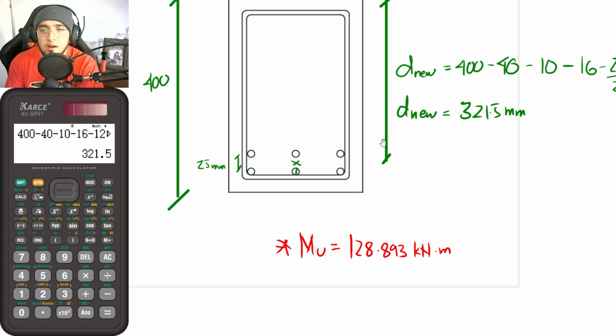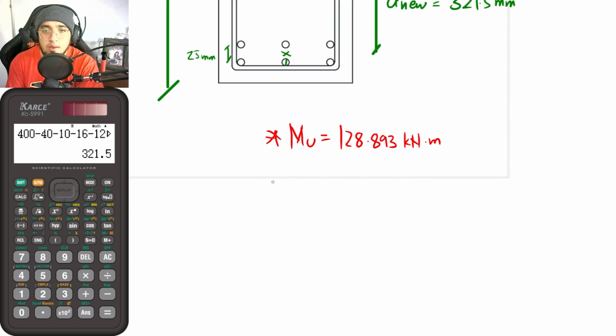So let us try redesigning this once again in our second method, by making use of Rn, where Rn is equal to Mu over phi b d squared. And our rho required is now equal to, what do you call that?